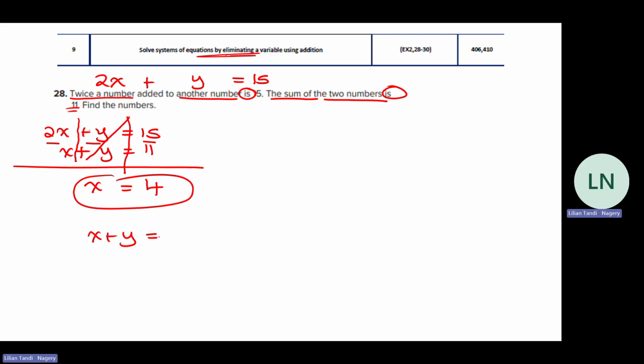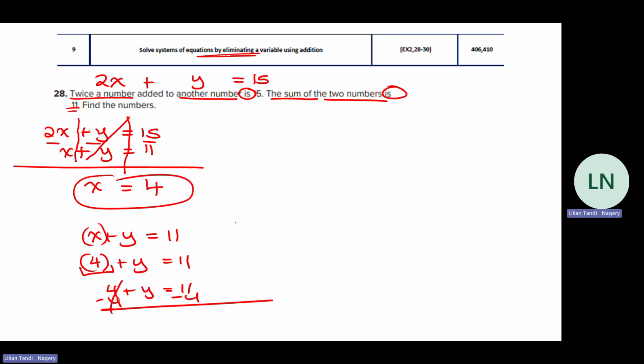x plus y equals 11. I know x, so it will be in parentheses. 4 plus y equals 11. This becomes 4 plus y is 11, minus 4, minus 4. y is 7.